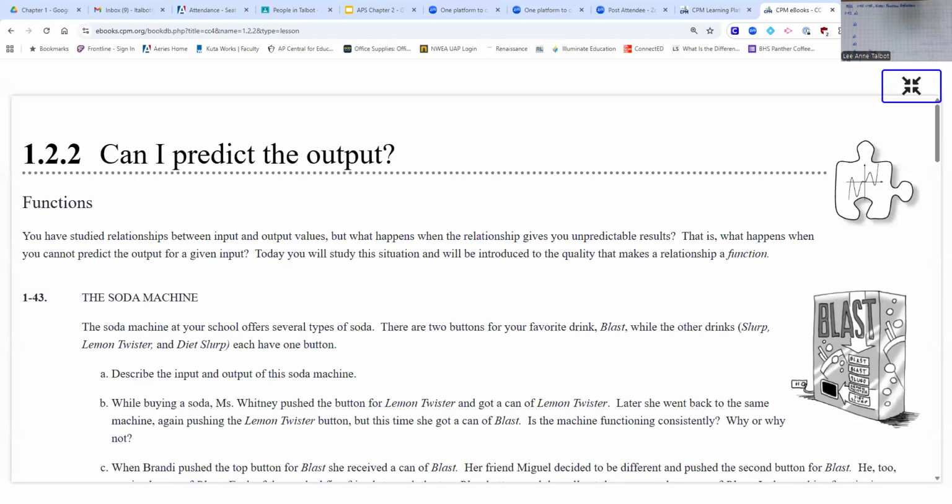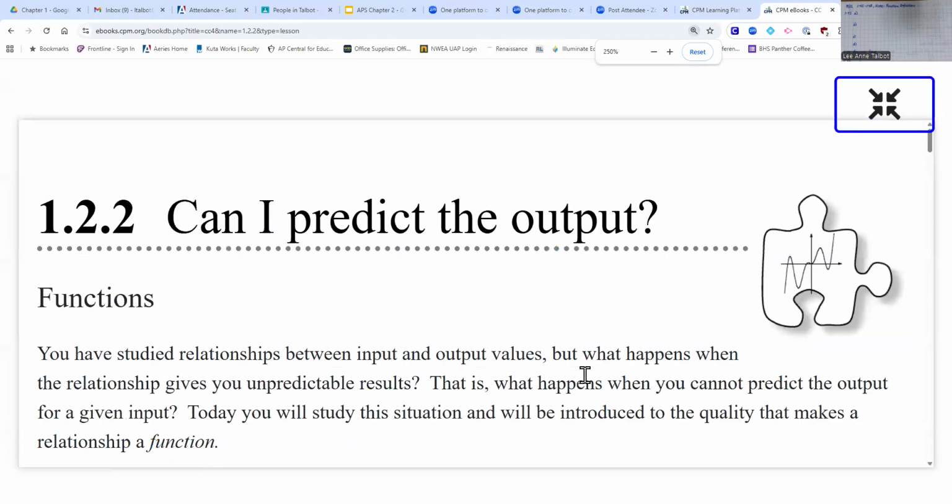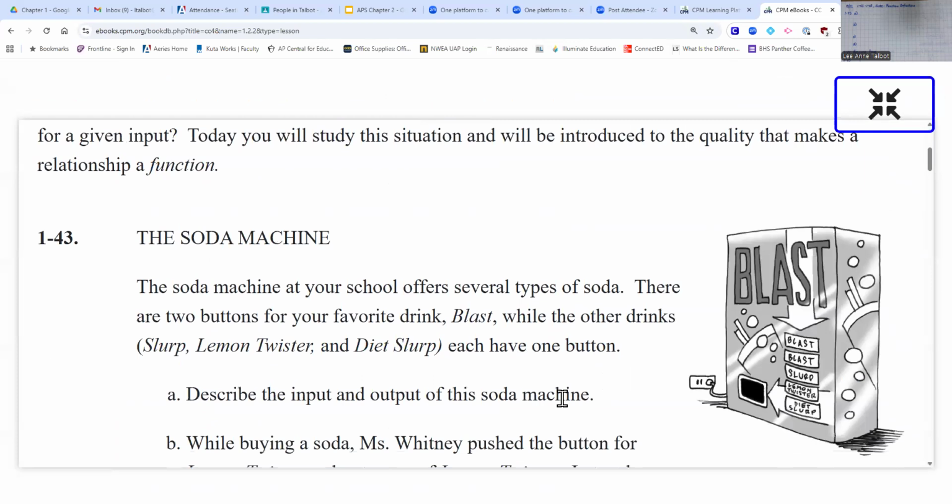Okay. We need to read number 43 together from the book. Here we go. Number 43, the soda machine. The soda machine at your school, which is really sad because they won't let us have a soda machine anymore, but we used to have one. The soda machine at your school offers several types of soda. There are 2 buttons for your favorite drink, Blast, while the other drinks, Slurp, Lemon Twister, and Diet Slurp, each have 1 button.